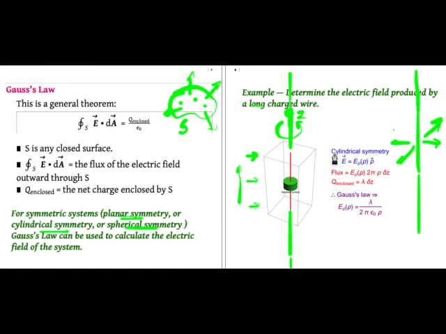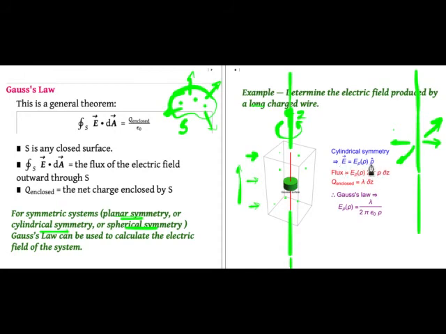So the symmetry tells you the form that the electric field has to have. So no matter where I am in this space, as long as I'm not near the ends, so as long as I make the wire very long, the electric field at any of these points will have this form.